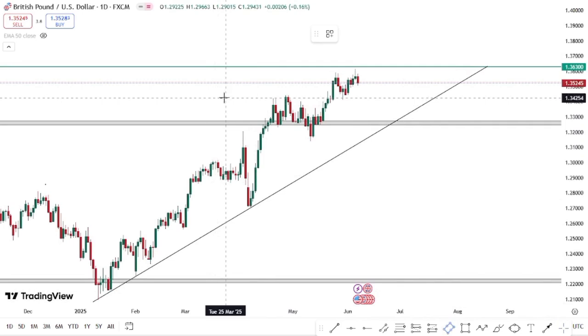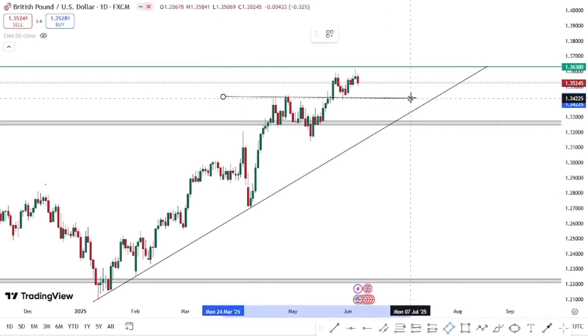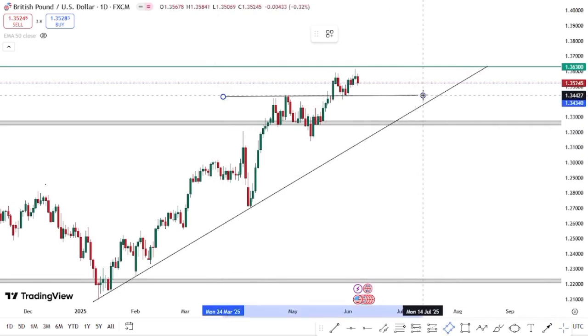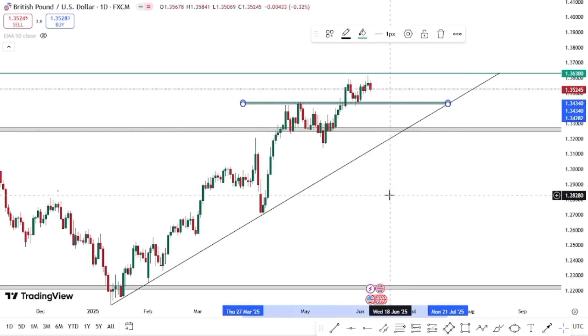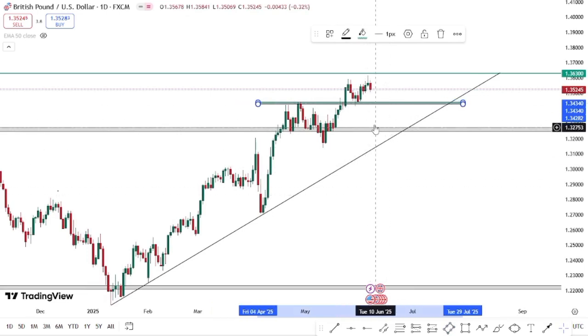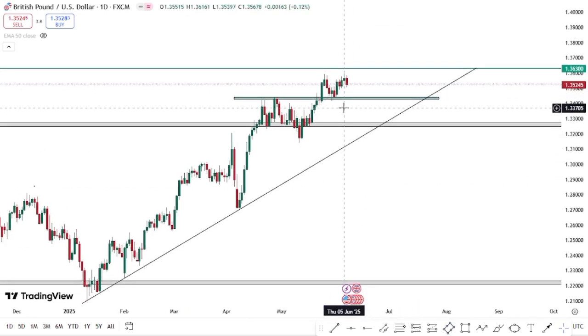If I draw this particular zone like so, okay, sorry guys, I want it to be more accurate. If I draw this particular zone like so, I'll be expecting GBP USD to do two things.